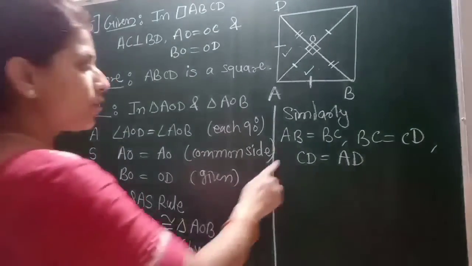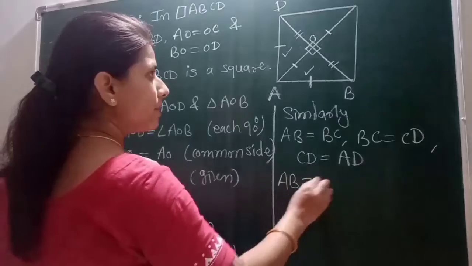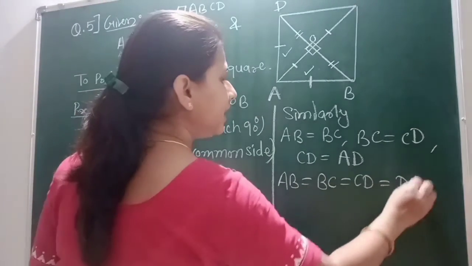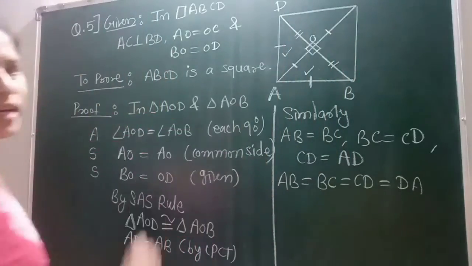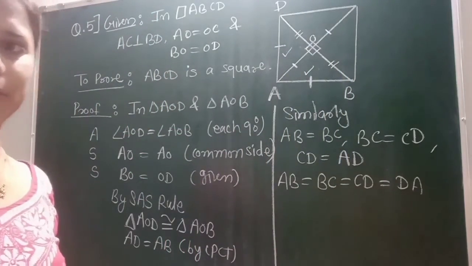As you can see here student, from this what we will get? We will get all sides are equal. It means AB equals BC equals CD equals DA. In this particular quadrilateral, all sides are equal.